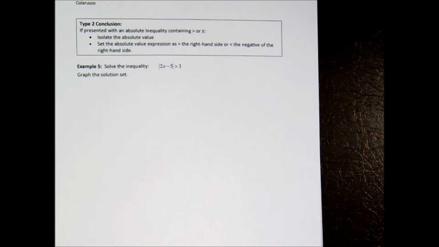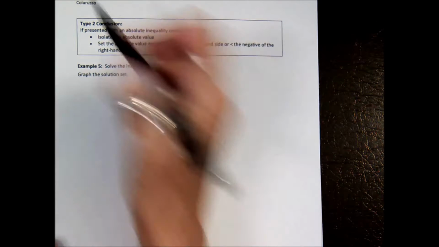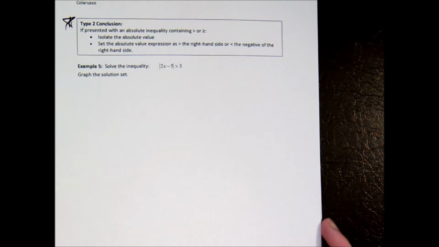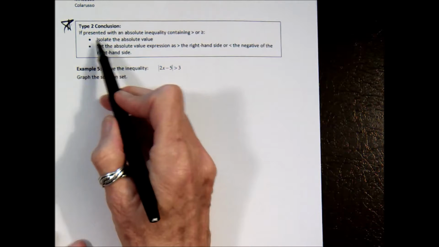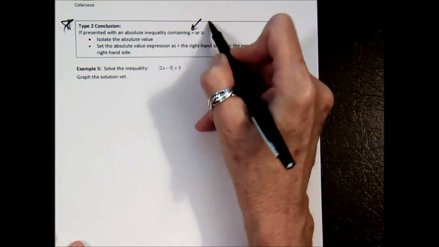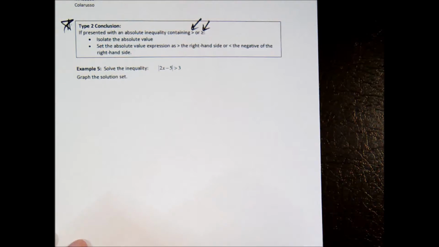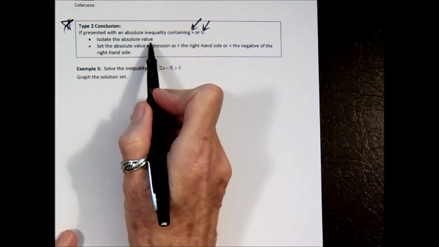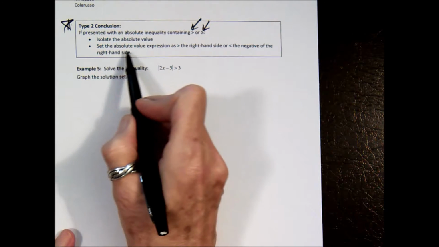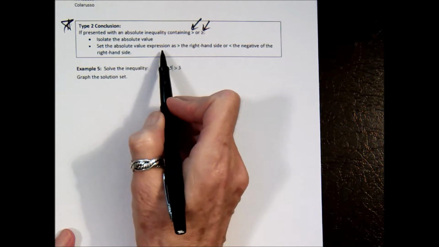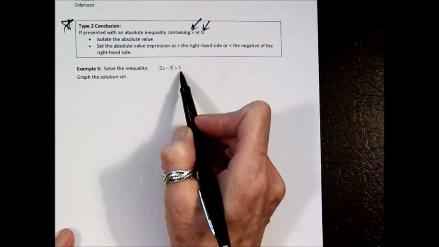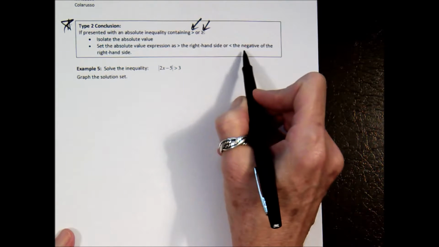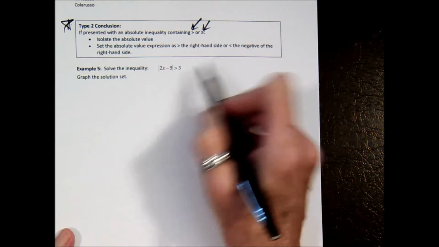So at the top of the next page, sorry, probably making you seasick. At the top of the next page, we have our type 2 conclusion. And this is where, like I said, it's a little bit harder. If you're given an absolute value that contains a greater than or equal to, isolate the absolute value, and then you set the absolute value expression as greater than the right-hand side or less than the negative of the right-hand side.